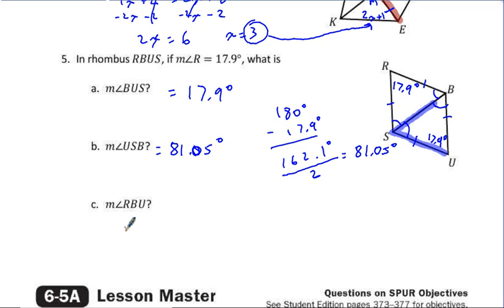The measure of RBU now is looking for that entire angle, which would include 2 of the 81.5s.